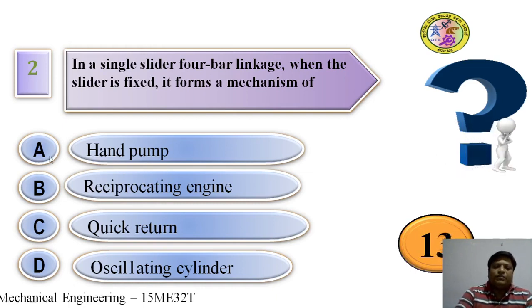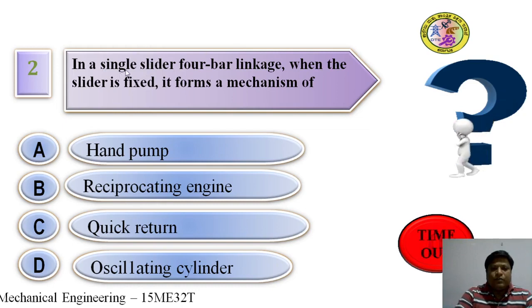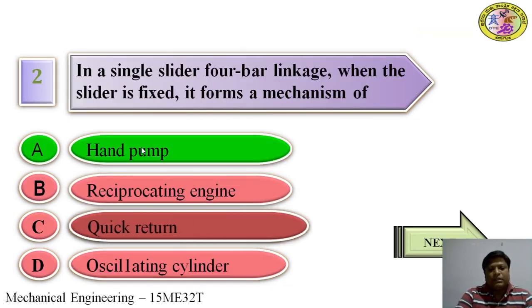Option A hand pump, option B reciprocating engine, option C quick return, option D oscillating cylinder. These come under inversions of the 4-bar mechanism. The answer is hand pump, or a borewell, which you see in your villages.